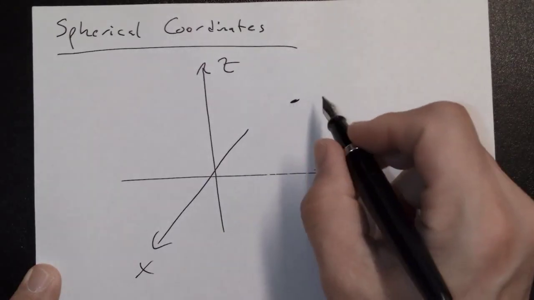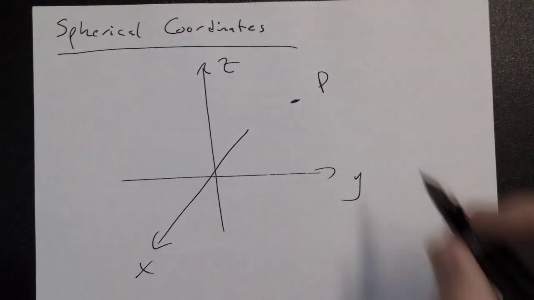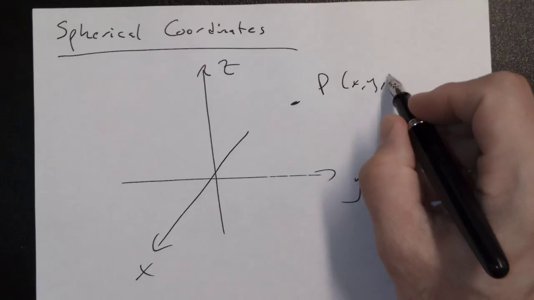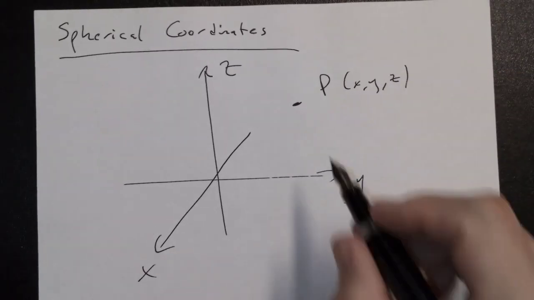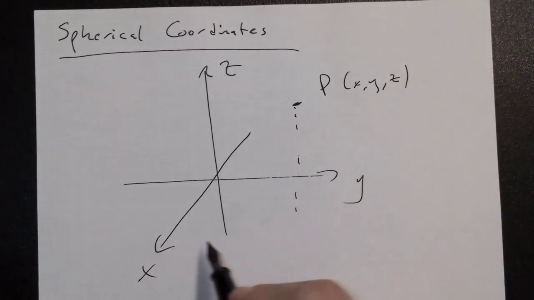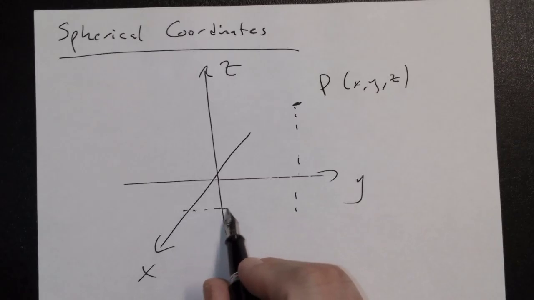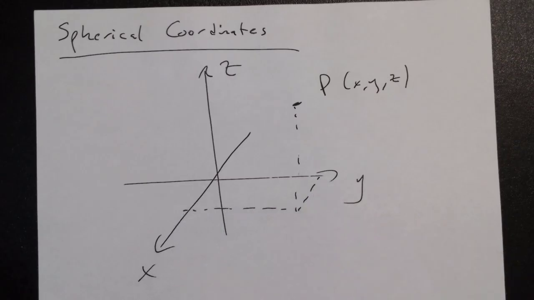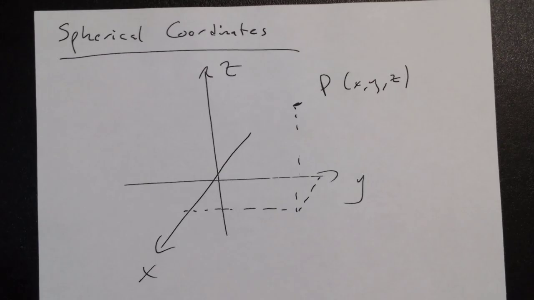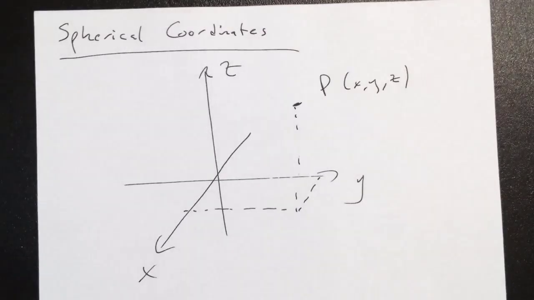And we'll have some point out here, P. And its typical coordinates are X and Y and Z. So there's the Cartesian rectangular normal coordinate system for me to look at. Yes?